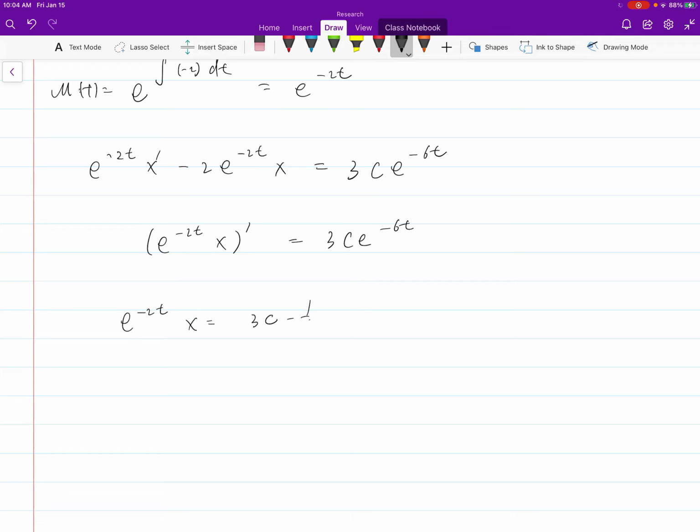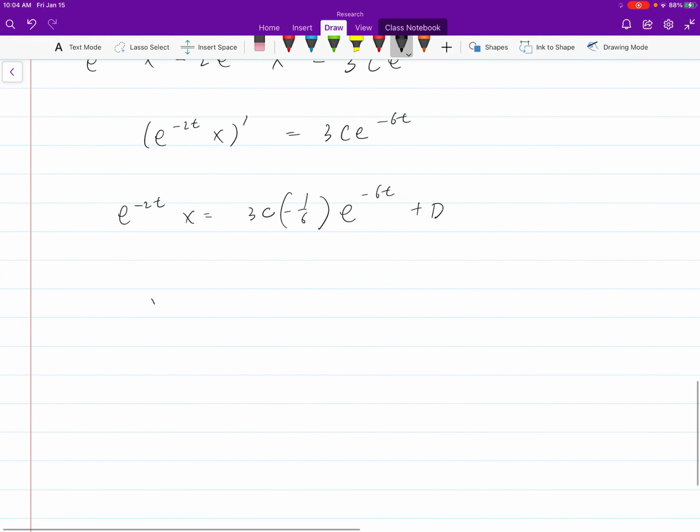Now if you take the integration, you get -1/6, plus a constant. This time you probably want to use d instead. And then your x is nothing but 3c times -1/2 c, which you can just replace by c.